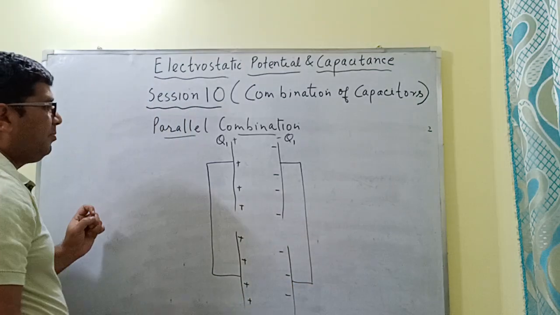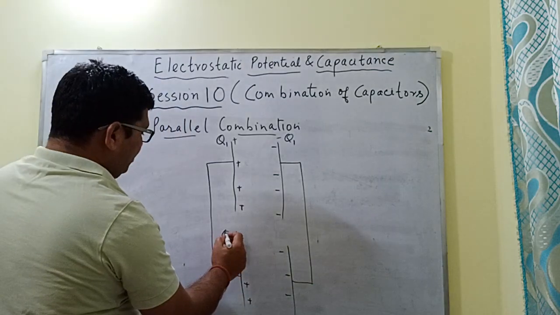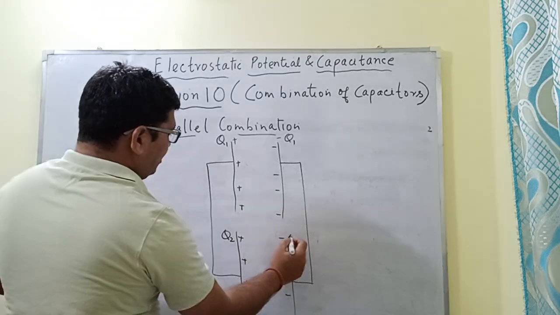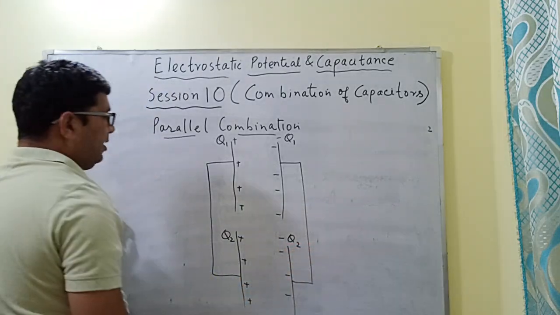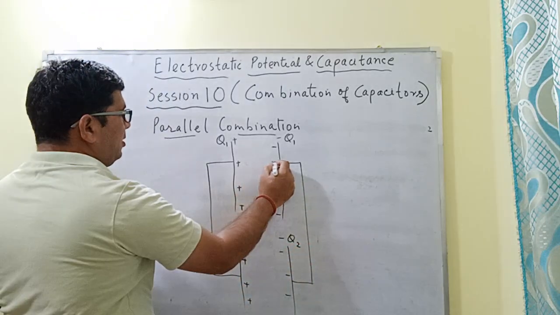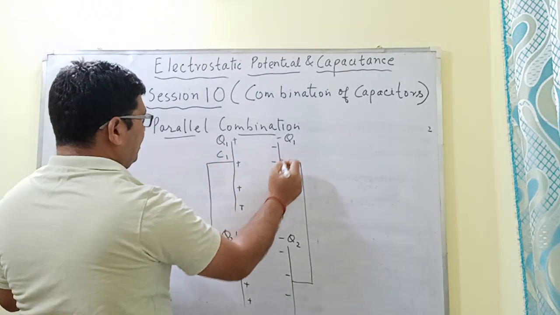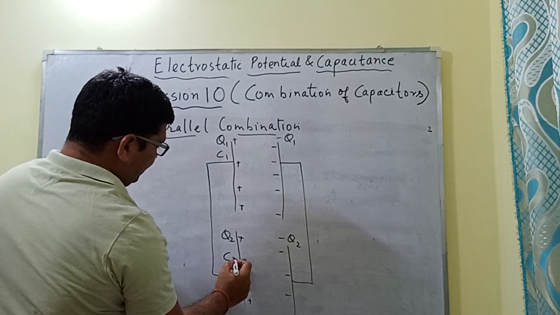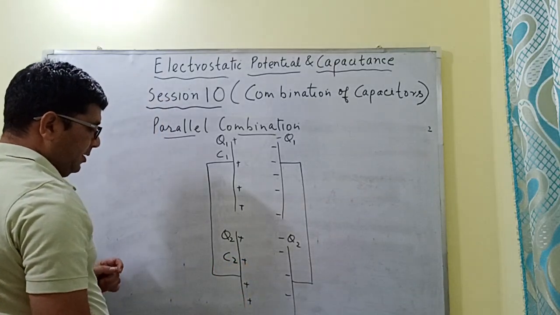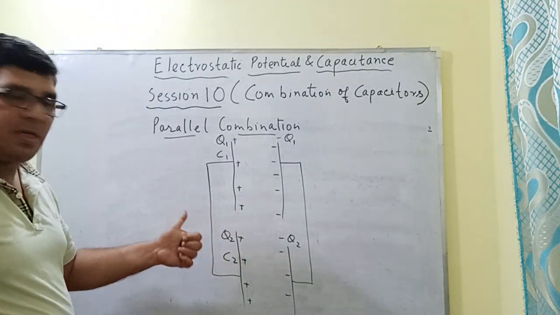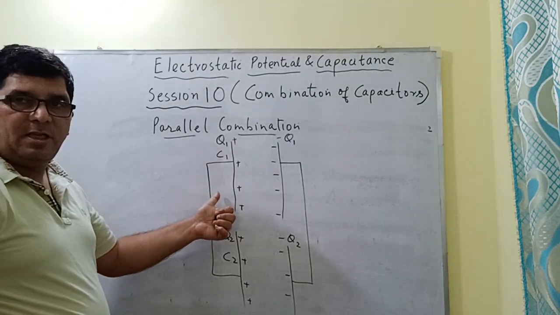So this is a parallel combination, and ये दो कैपेसिटर्स हैं, ठीक है, और ये हो गया C1, ये हो गया C2, and so these are the two capacitors which are connected in parallel.